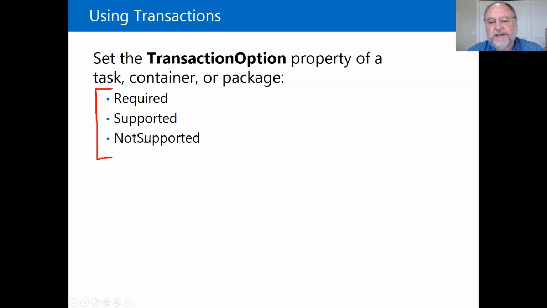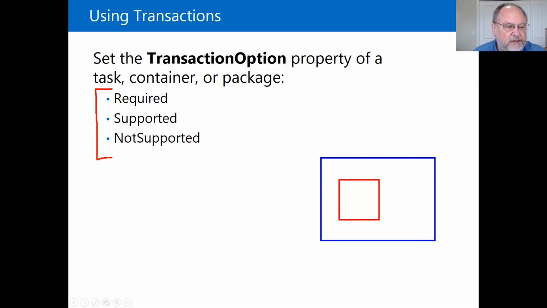Supported means that if there's already a transaction, in other words, let's draw this again. So I have my task, let's just keep it simple, my task inside of a package.